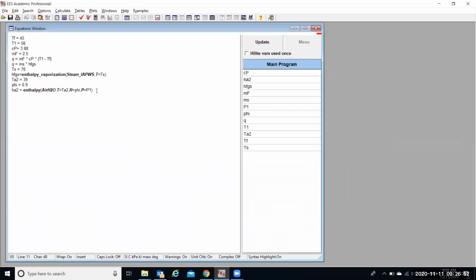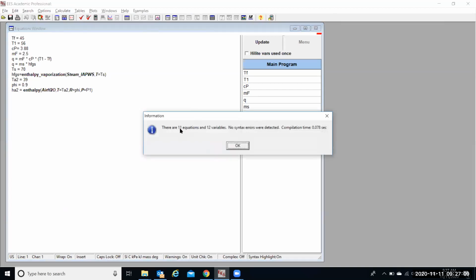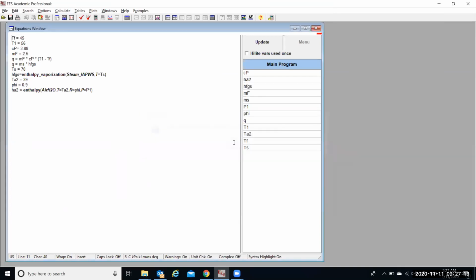How do I know that? Sometimes you have a program which is something like 20, 30, 40, 100 lines, and when you solve, it tells you the number of equations is not equal to the number of unknowns. To check the number of equations and unknowns first, I press on that equal sign, and it tells me I have 11 equations, 12 unknowns, but it does not give me the details.